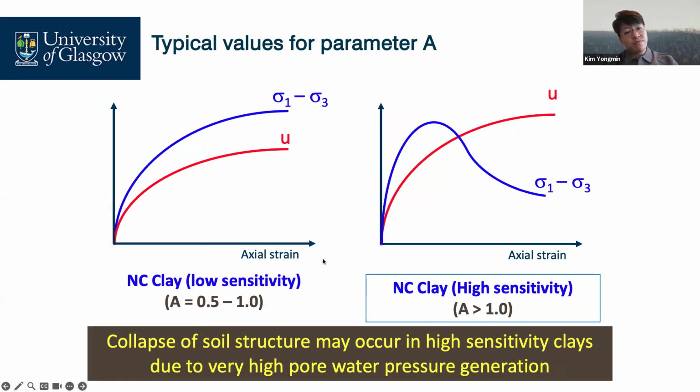But for highly sensitive clay, your stress-strain curve looks like that, and then your A parameter is greater than 1. So collapse of soil structure may occur in a highly sensitive clay due to very high water pressure generation.